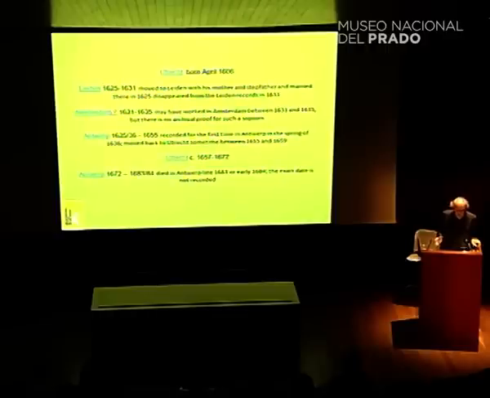Probably from 1631 to about 1635, he lived in Amsterdam. There are no archival records that prove this, but as I will show you later on, his work gives the impression that he was working in Amsterdam.